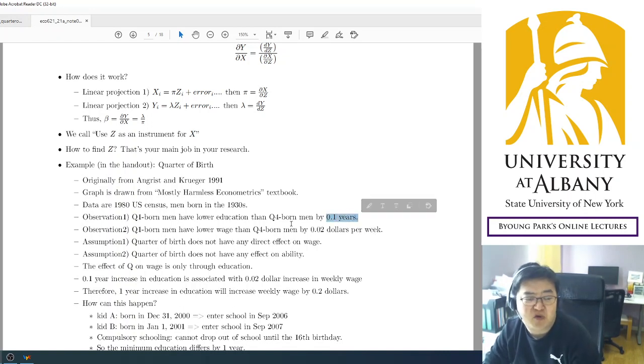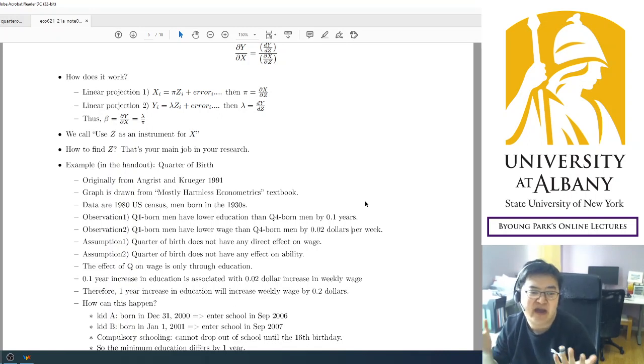Second observation: the second graph says first quarter men have lower wage than fourth quarter by about $0.02. I did not open the data, so just say you observe some differences. Clearly there are differences, and those are observations. I do not say anything yet about why this happened.